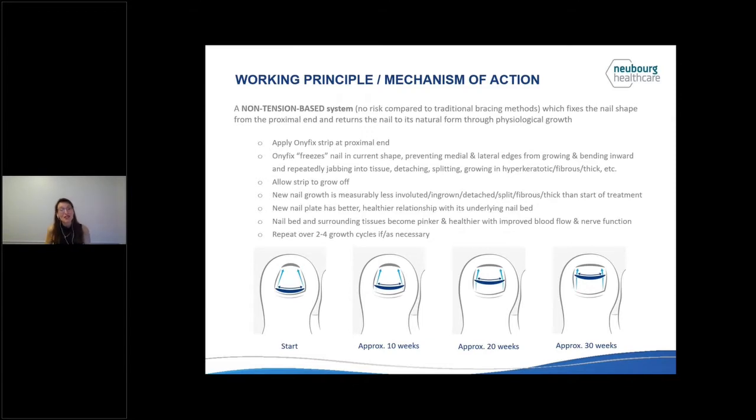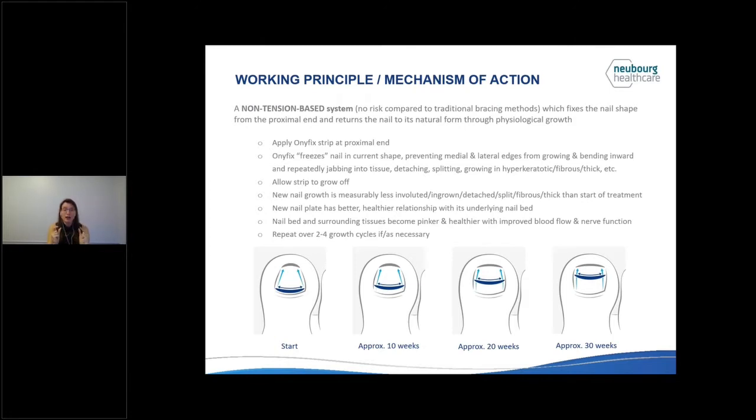And so our traditional application was that you would apply a proximal strip, one full strip at that proximal end, allow it to slowly grow off, and it doesn't require tension. It freezes the nail in that existing nail shape, and all of the new growth behind the strip forces the nail to grow out in a straightforward striation.